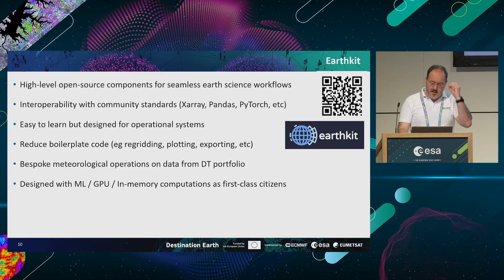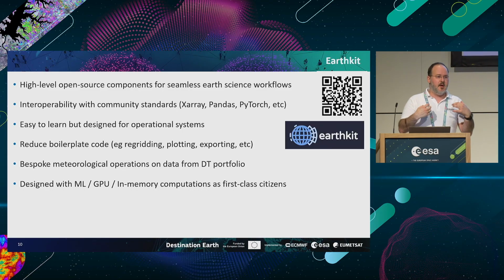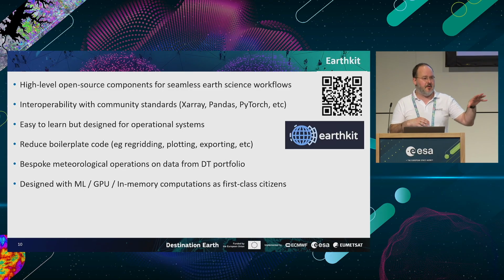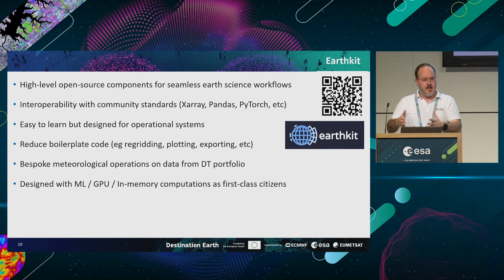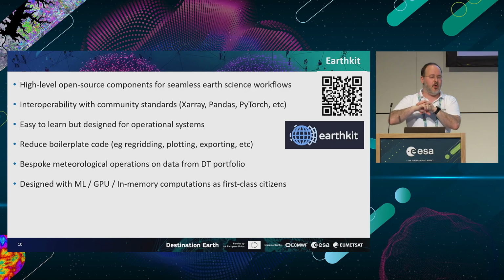And finally, it is designed with GPU and in-memory computations from the onset. So behind, for example, if you heard about Anemoi, ECMWF's framework for machine learning, this is actually one of the building blocks of Anemoi.